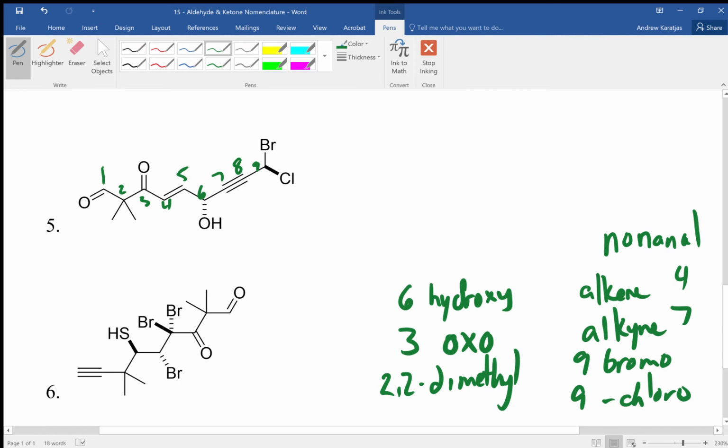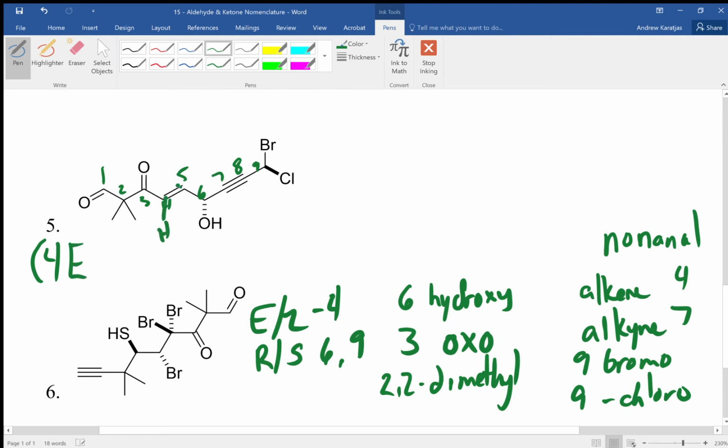In addition to that, we have to do E or Z at the alkene, and we do have a stereocenter at 6 and another one at 9. So if we start with the 4, the geometry of that alkene is clearly E because the other two substituents are hydrogens, so opposite gives us E. What about our stereocenter at 6?